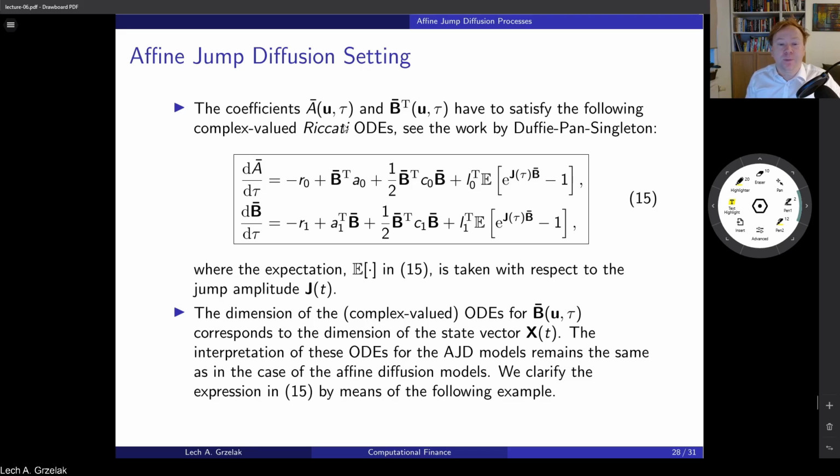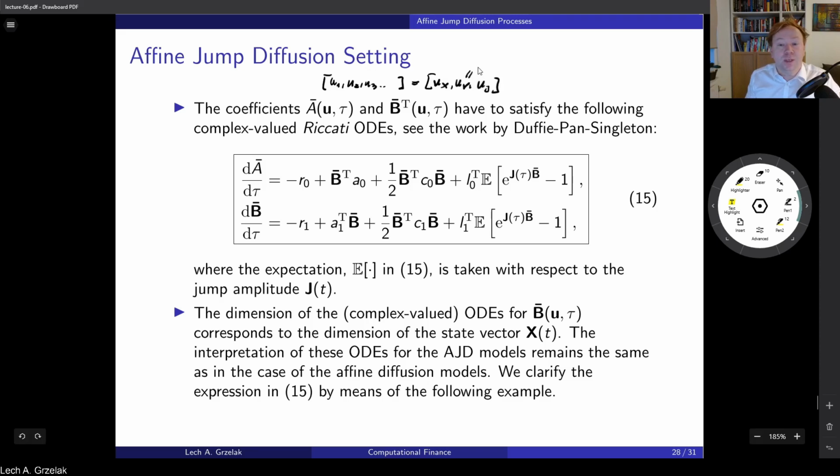Typically U is one-dimensional, or maybe it's a vector of different U, so U1, U2, U3, and so on, which would correspond to U of log X, U of, let's call it, variance, and U of jumps.